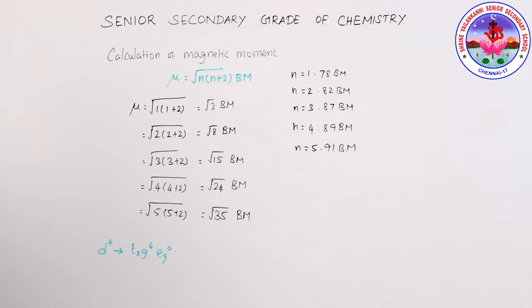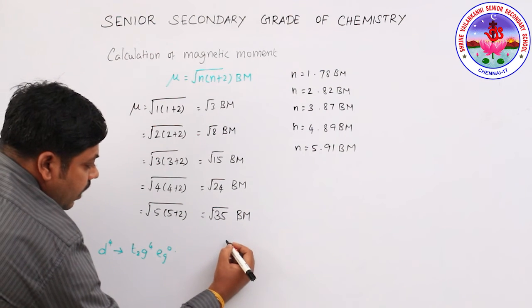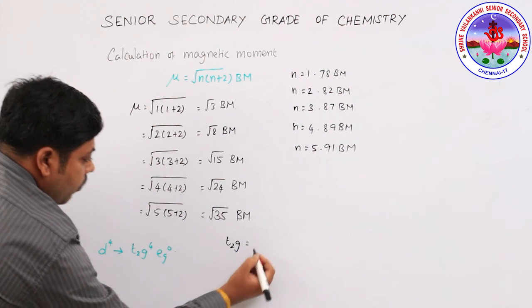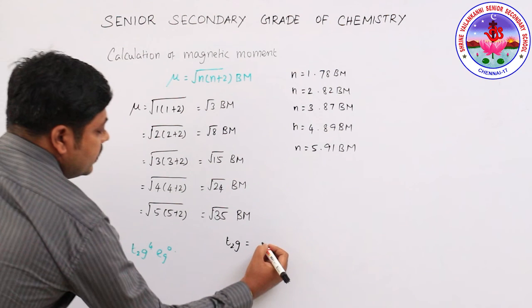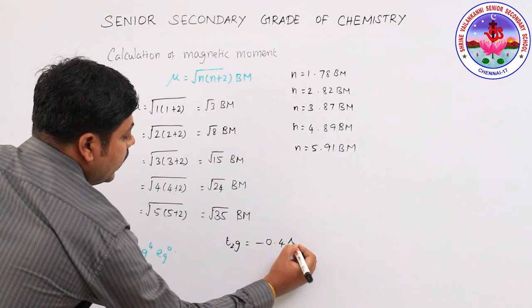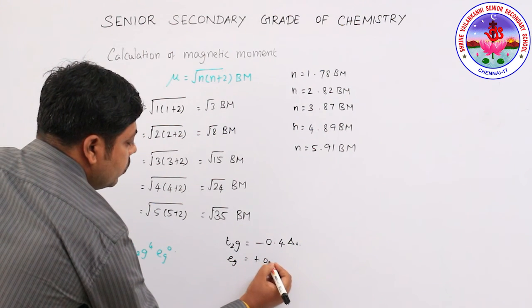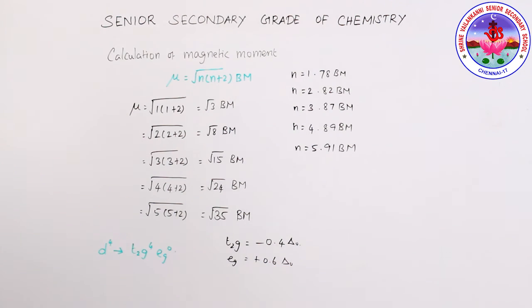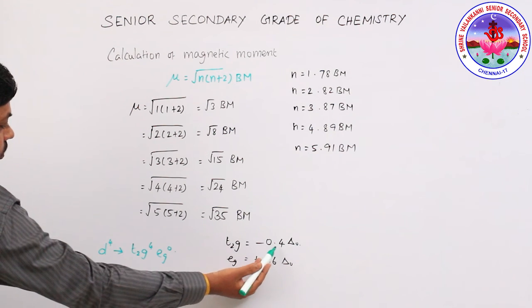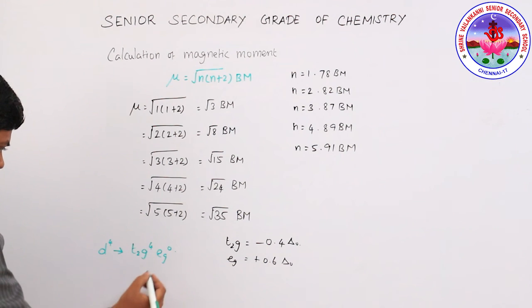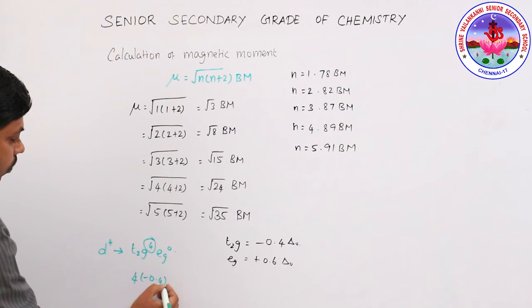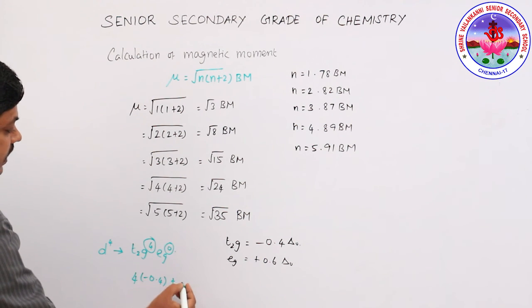Now, you know that the T2G value of octahedral complexes is minus 0.4 delta naught, and the EG value is plus 0.6 delta naught. Here the T2G value is minus 0.4, and there are 4 electrons, so 4 into minus 0.4, plus the number of electrons in EG orbital, which is 0.